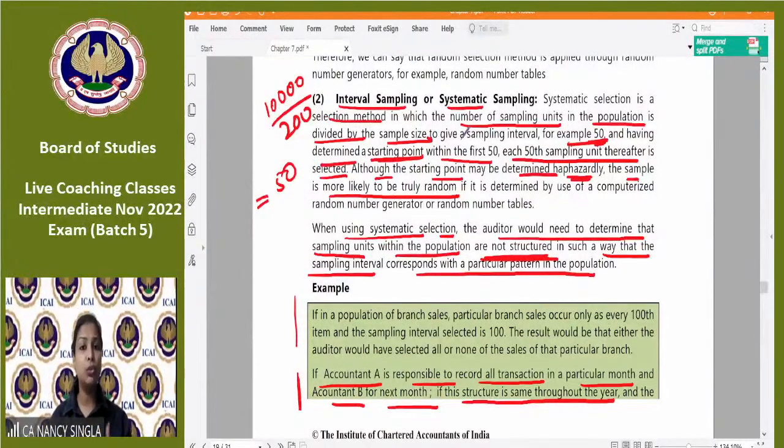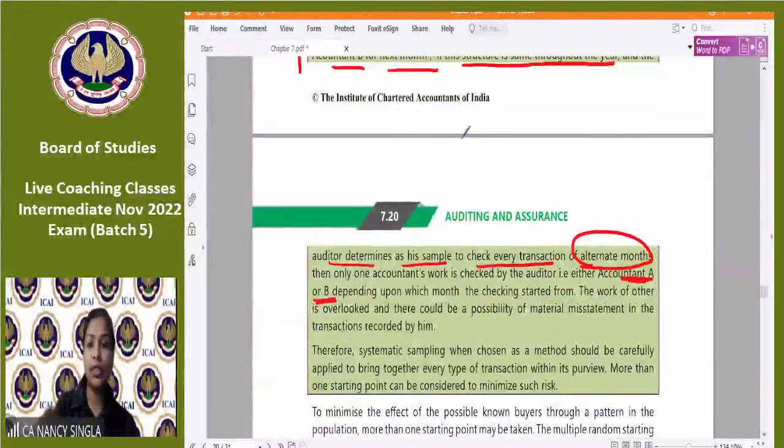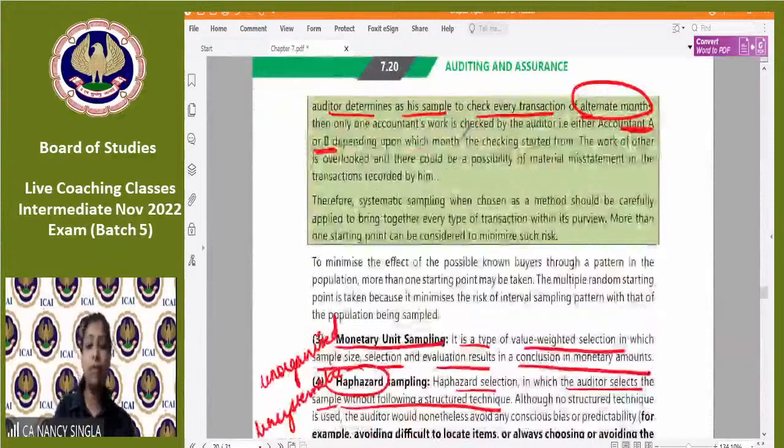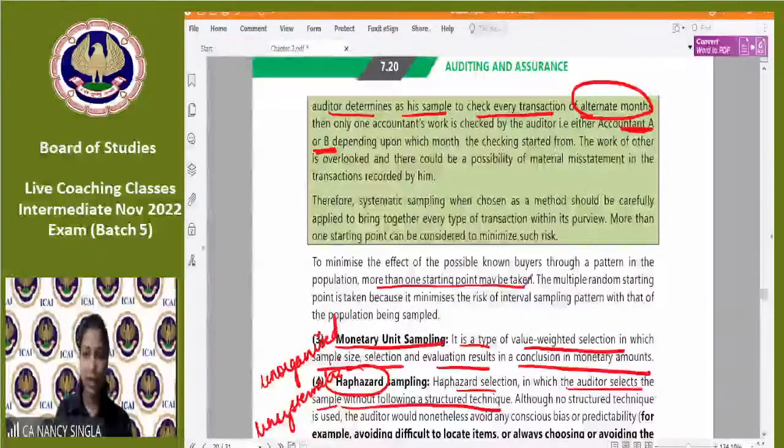But auditor needs to be sure that every 50th item should not follow any particular pattern, है ना. So what is the solution? Auditor may have multiple starting points. कि यहाँ तक ये वाला starting point है, अब चलो यहाँ से start कर लेते हैं. तो अब every 50th होगा, but it will not be 50, 100, 150, 200, ऐसे नहीं आएगा. ठीक है.